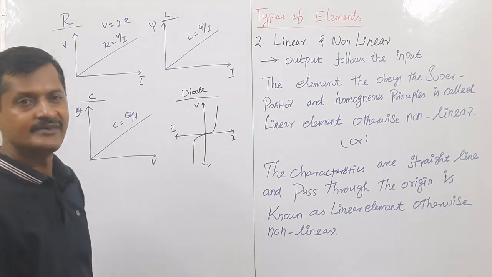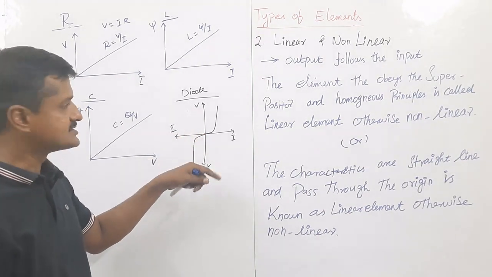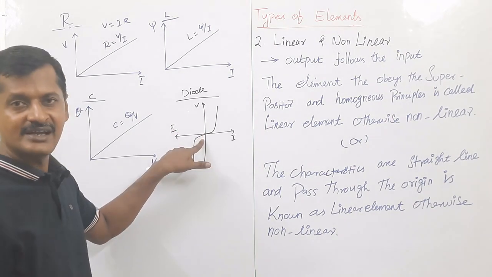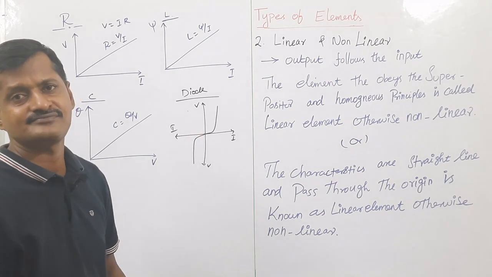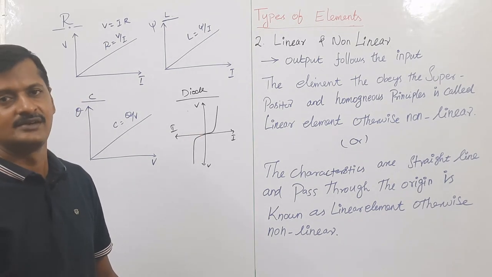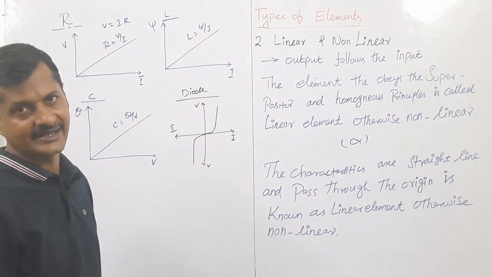So this is the characteristics of a diode. It crosses the origin. The diode characteristics cross the origin, but it is not a straight line. So a diode is not a linear device. Crossing the origin alone is not enough, it should be a straight line.